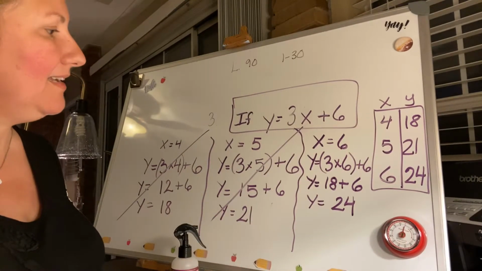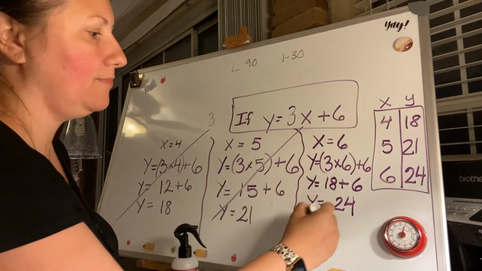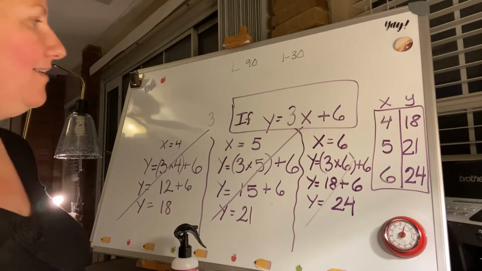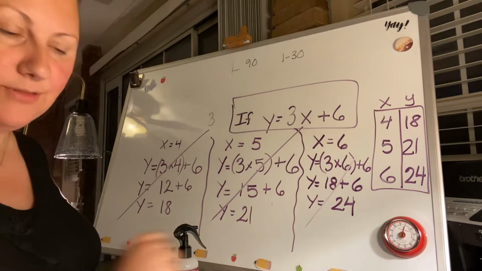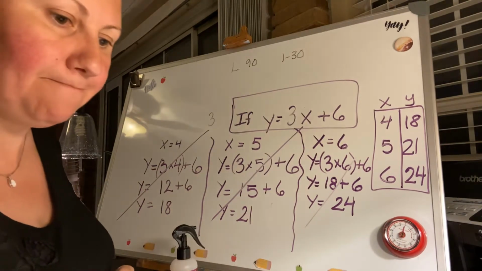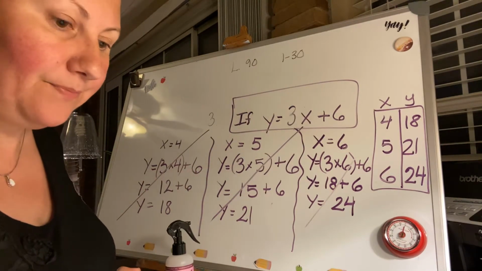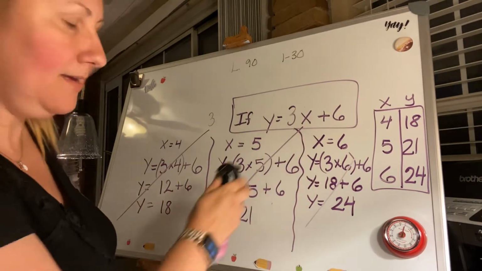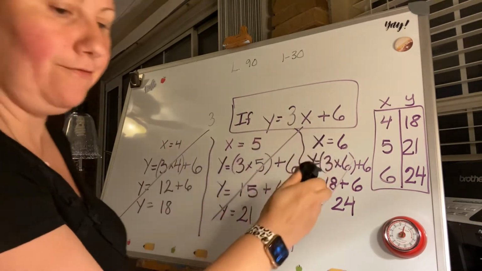All right, and we want to show all of this, but we're done with this part as well. All right, so that is number 3. Now, a lot to it, isn't there? It's a lot for you to write. Number 4.